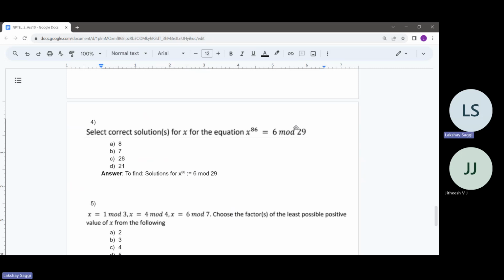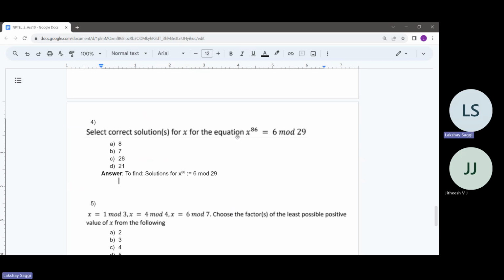This 29 is a prime number, right? And when we have a mod of a prime number, we generally refer to Fermat's little theorem to proceed further. But to apply Fermat's little theorem, we need x to be co-prime to 29, right? If x was not co-prime to 29, then we can't apply Fermat's little theorem. So we first need to see whether x is co-prime to 29 or not. And we can see that x is indeed co-prime to 29 because it satisfies this equation.